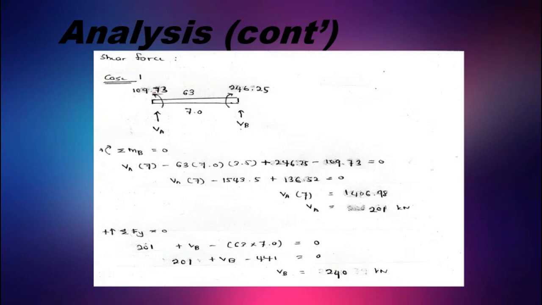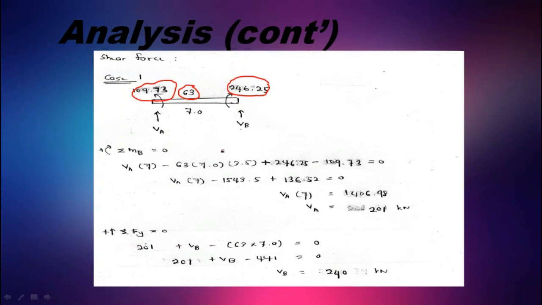Moment at A will be 109.73 counterclockwise, and then moment at B is 246.25 clockwise. Then we will use the load which is 63 kilonewtons per meter at that beam. The counterclockwise moment will be negative, and the clockwise will be positive.